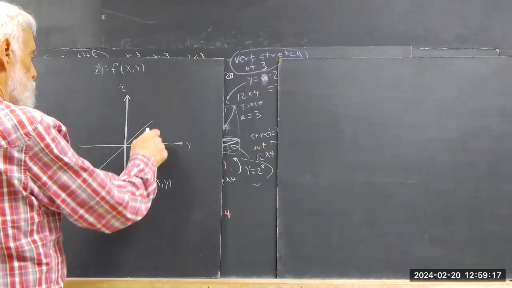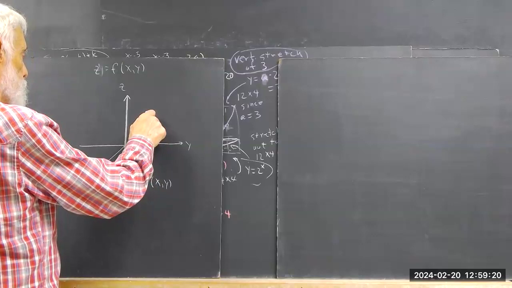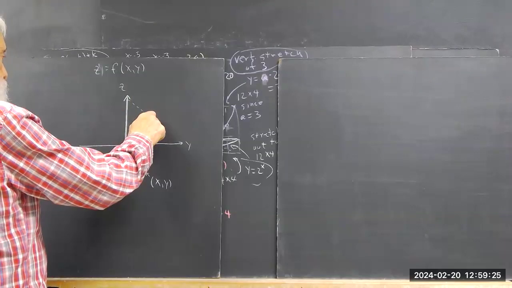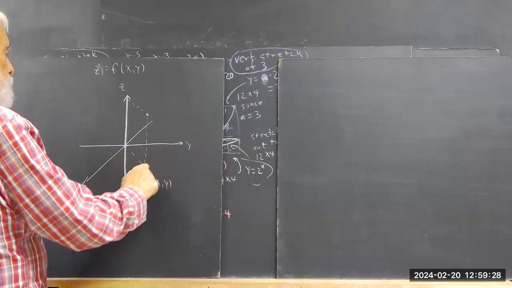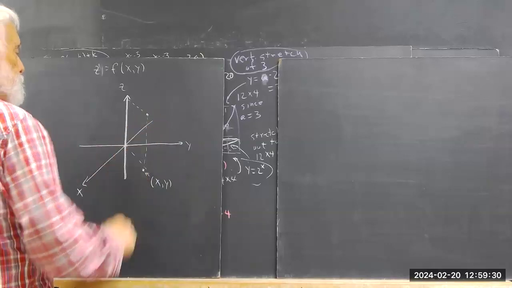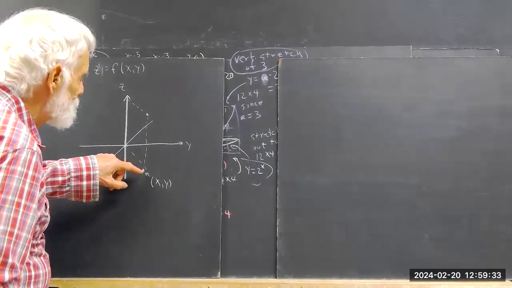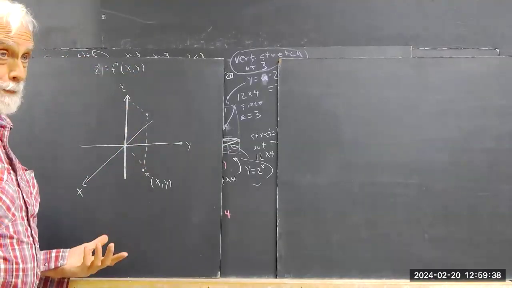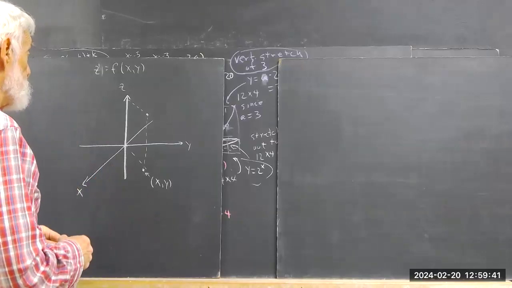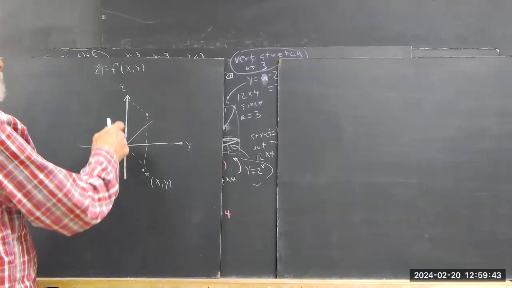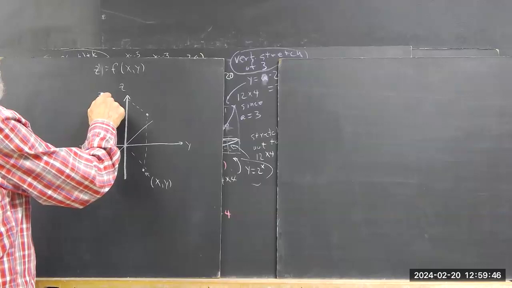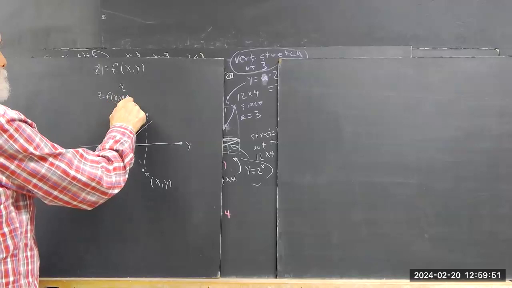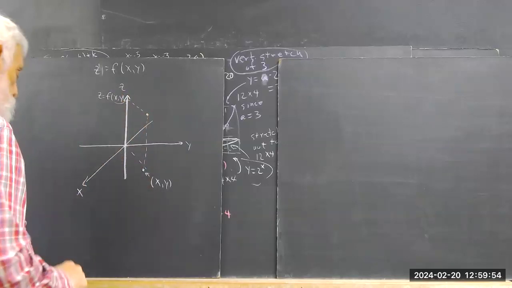So you've got x, y here, and you've got a z coordinate up here. So the length of this, or a vector, a directed distance, the displacement from here to here is your value of f of x, y. Okay, so that's familiar. So the z coordinate here is your f of x, y.